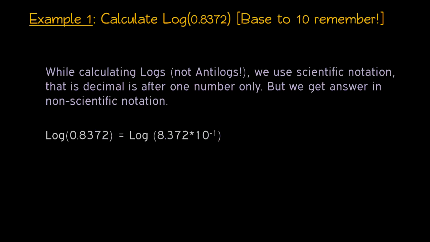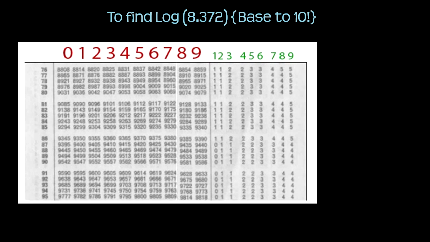So considering this, it can be written as 8.372 into 10 raised to power minus 1, and use the properties of logs. Now we will find the log of 8.372, put it in this equation, subtract 1 and get the answer. But first let us find the log of 8.372 using the log table.